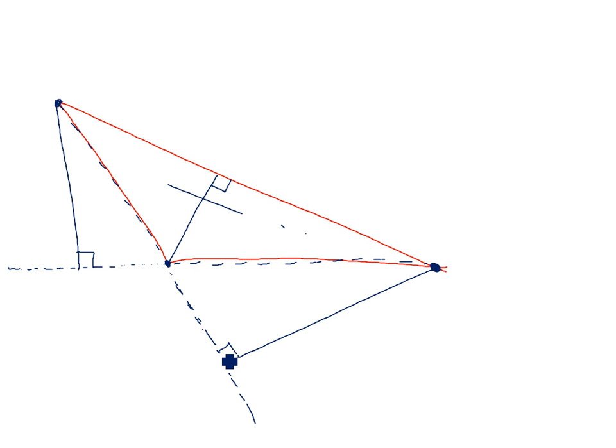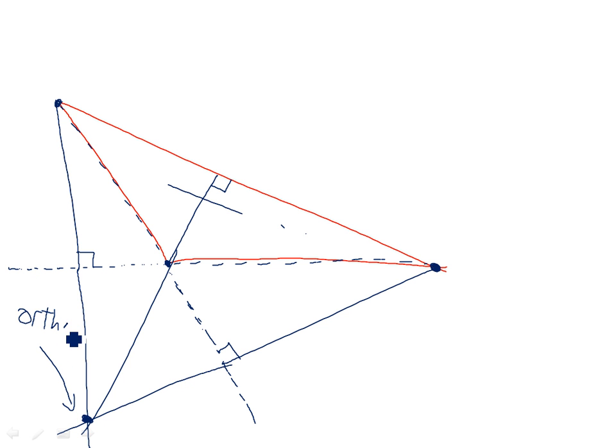Now with the orthocenter for an obtuse triangle, well, they never met anywhere. Well, what you have to do then is extend them on out, and hopefully, if I could draw straight, the orthocenter will be there somewhere.